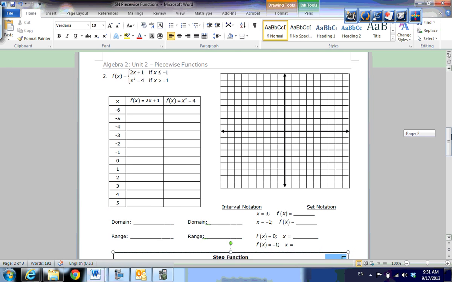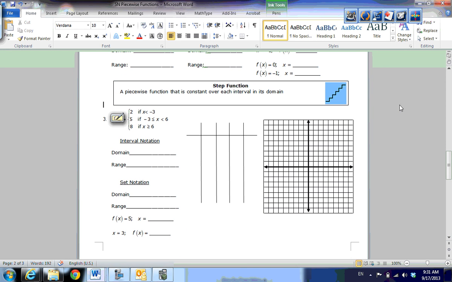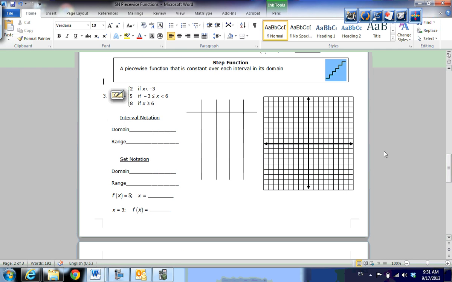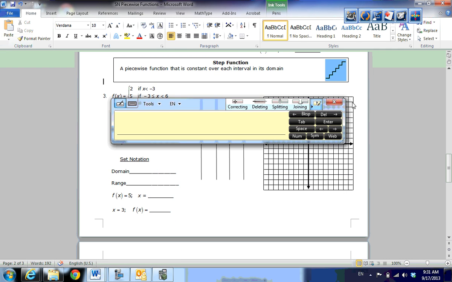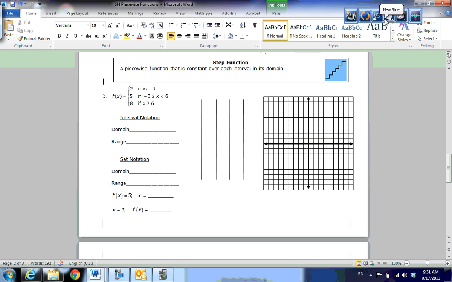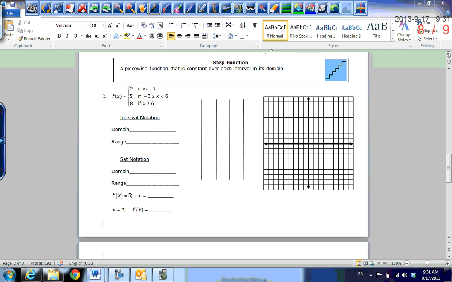All right. Got another definition there, step function. A piecewise function that is constant over each interval in its domain.